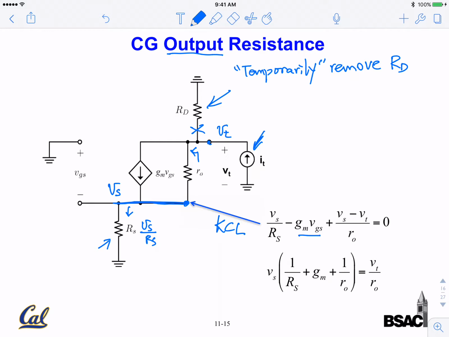And the current going through R0 is Vs minus Vt divided by R0. So that's our KCL here. And you group the terms. VGS is simply equal to 0 minus Vs. So we can replace the term here. All the terms have either Vs or Vt.